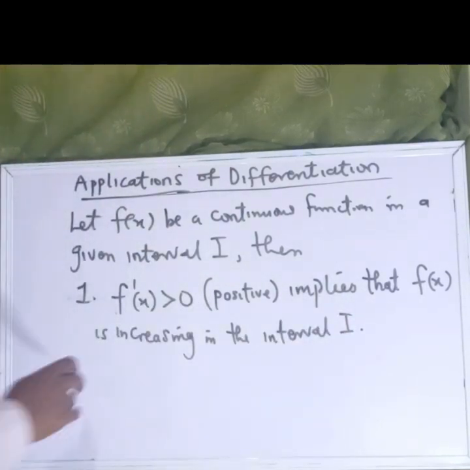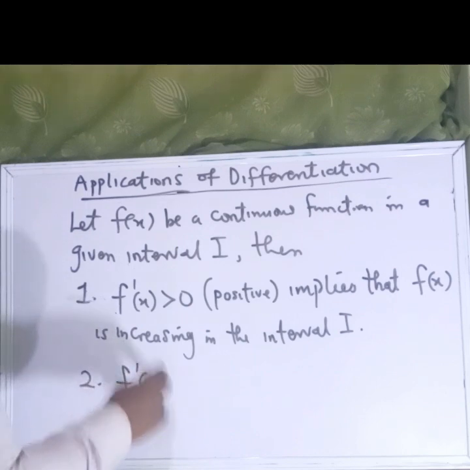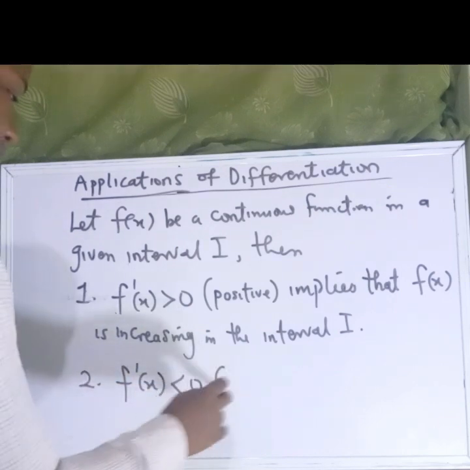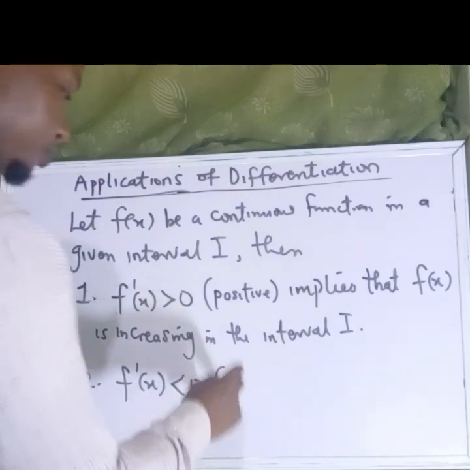Also 2, f prime of x is negative. When it's negative, it means this will be less than 0.